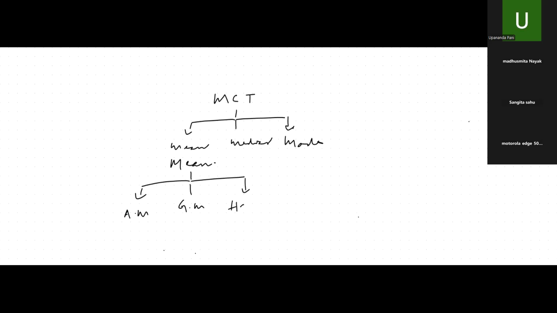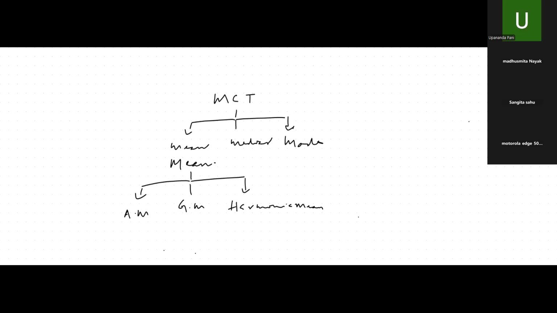As economics students, we know many of them, maybe we have studied also, but when we are preparing for exam, you should be ready to answer the questions in each of these sections. Already I think you know what are the properties of a statistical average, so I am not going to discuss that over here.